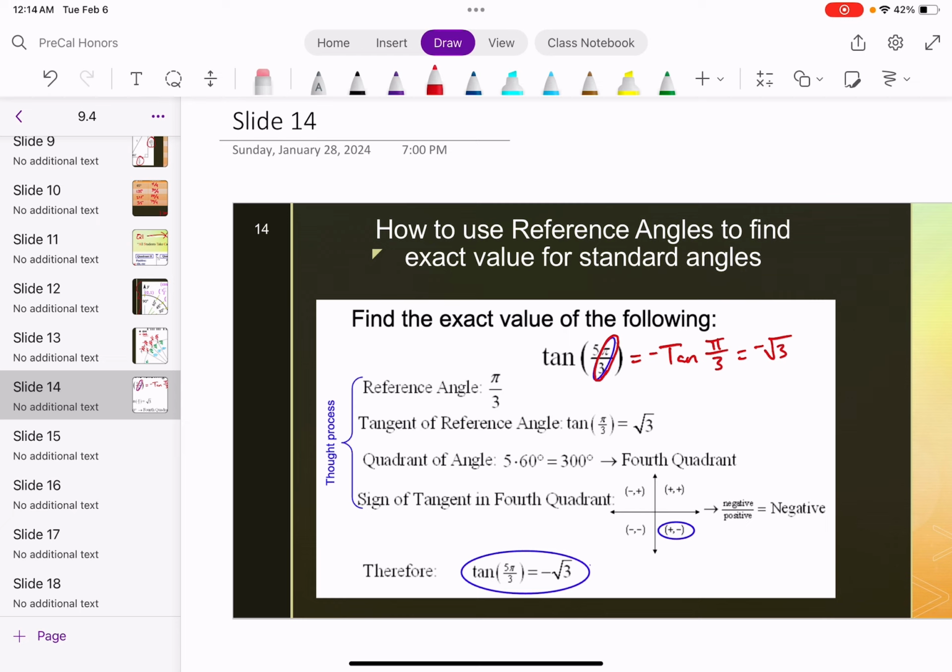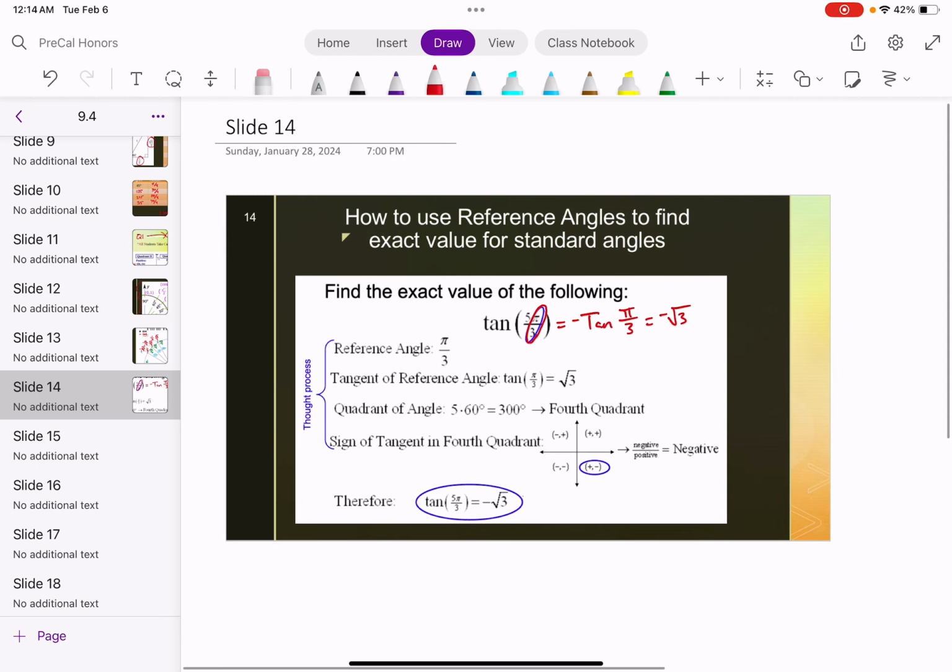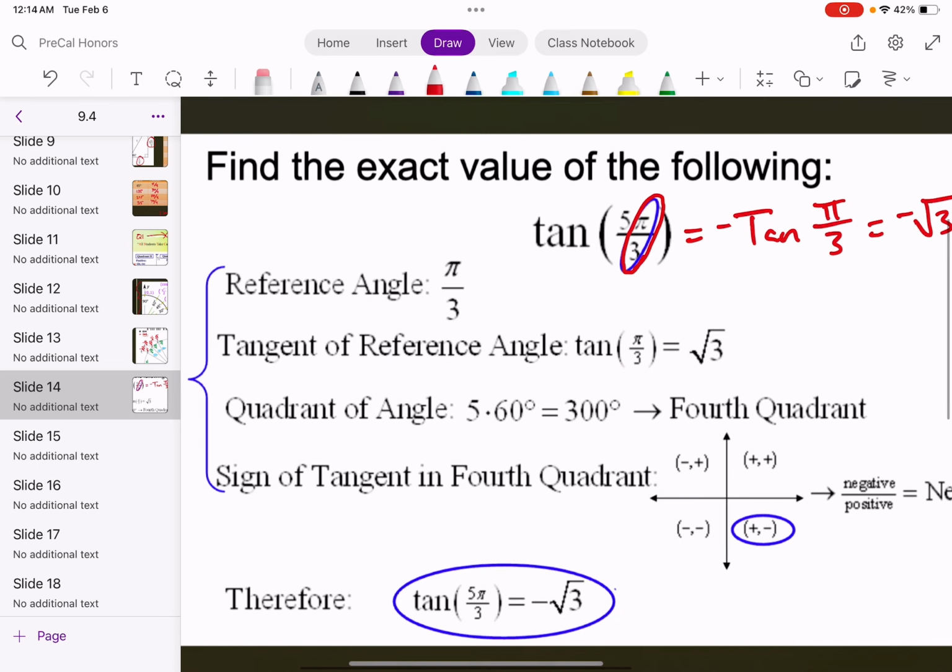With it being at 6 pi over 3, we're going to be 1 pi over 3 away from our actual reference angle. For the tangent of the reference angle, we're looking at the tan of pi over 3, and that is going to give us the square root of 3.